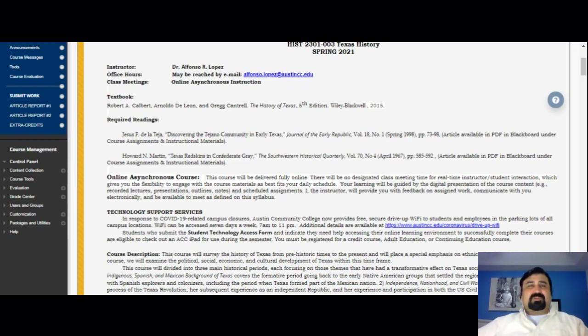I use a multiplicity of different sources to enrich the understanding of Texas history, ranging not only from historical books, because I use a lot of history books, but also books that deal with culture, religion, for example, sociology, political science, and so on, which of course deal with the history of Texas.